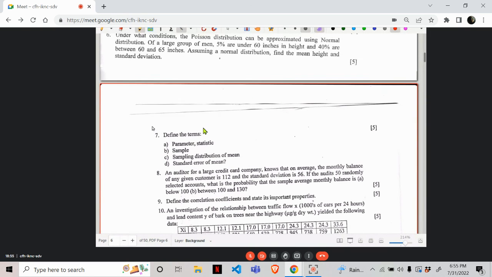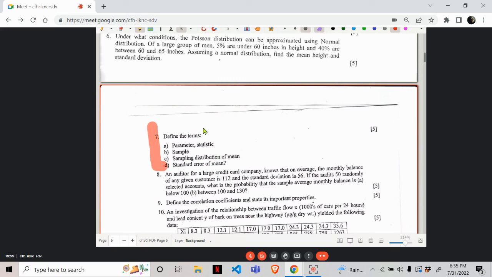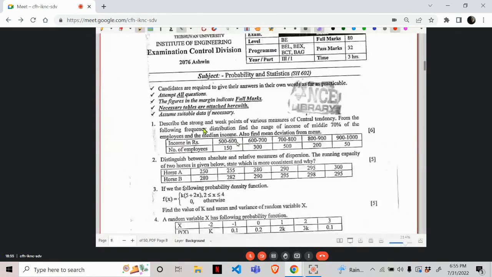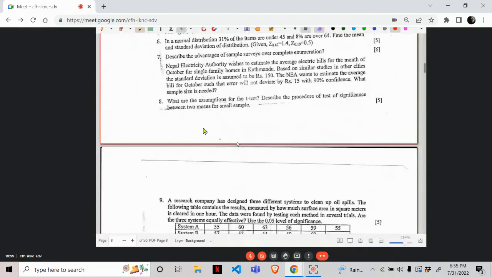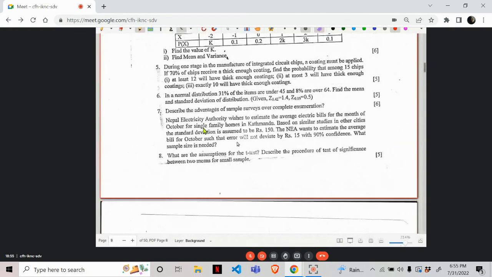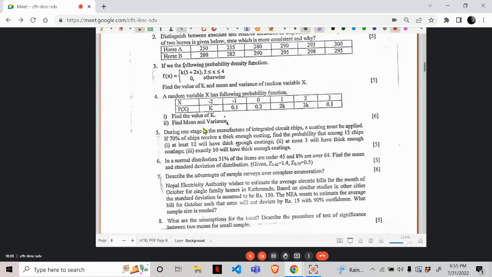Once in a while, instead of asking a problem, what did they do? I'm warning you from the first day: who is the most dangerous person in your exam? You can see, right? Theory part. But normally it is not like that. You can see another question paper. Here also theory only.